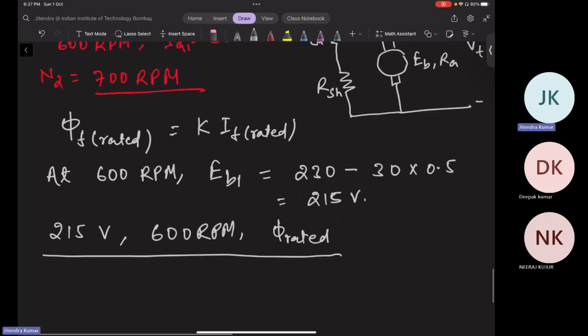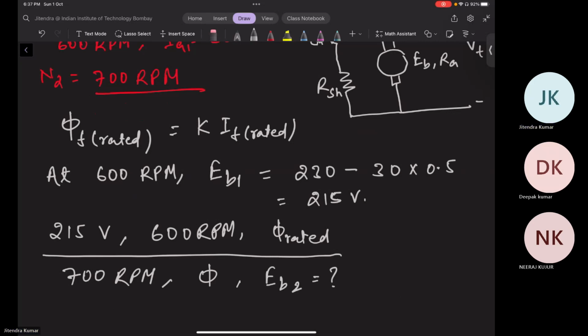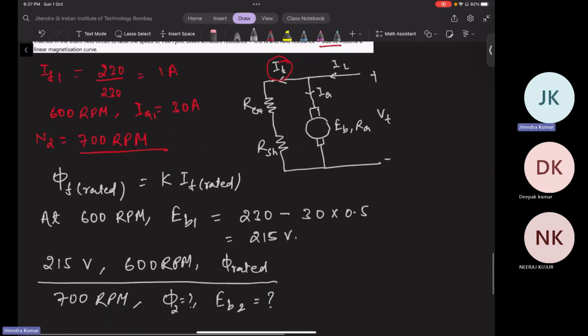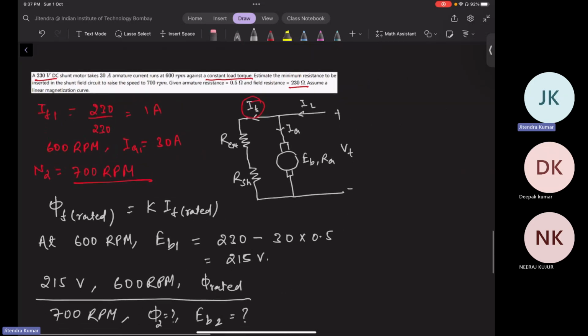Now, from the second condition, we have 700 rpm, and flux would be something we don't know, and EMF also we don't know. We just know that our speed has been increased.